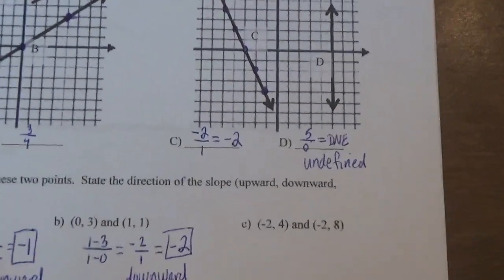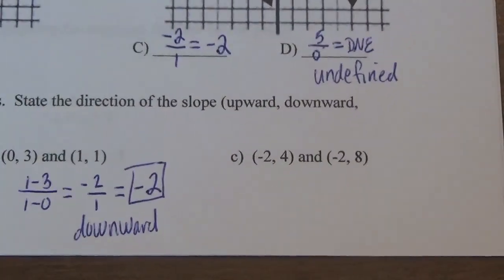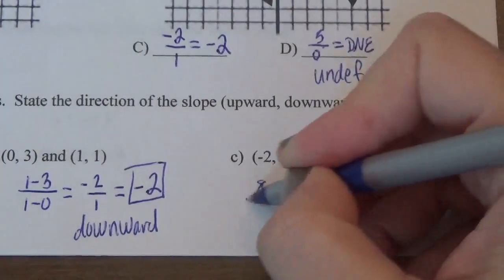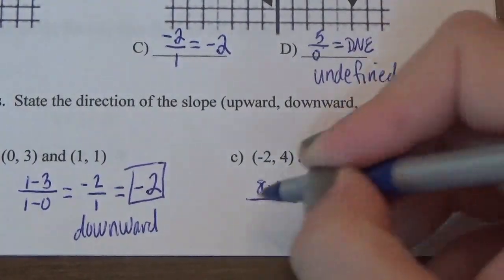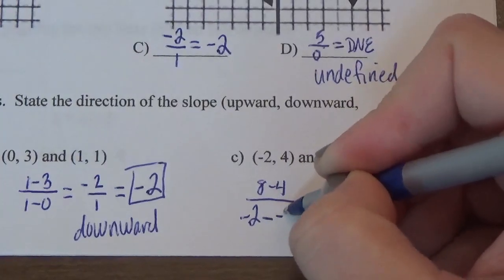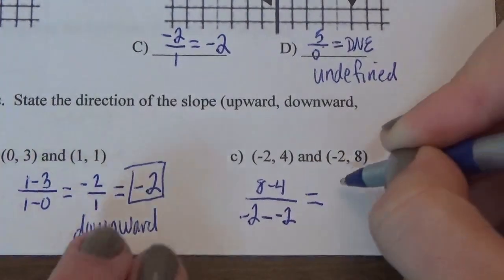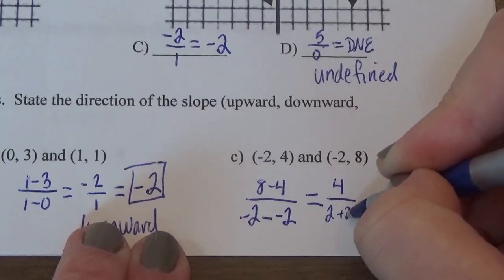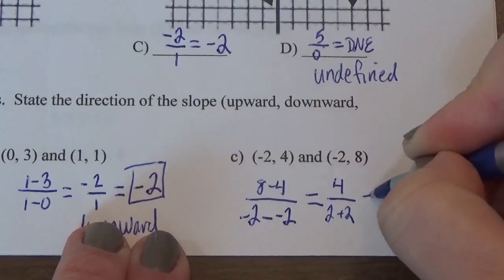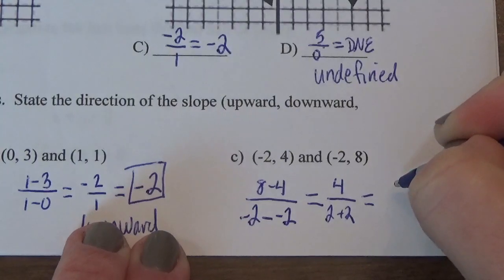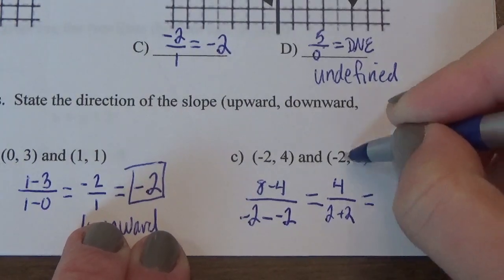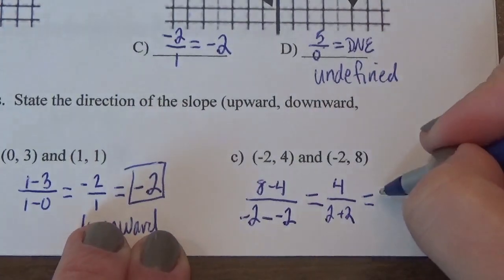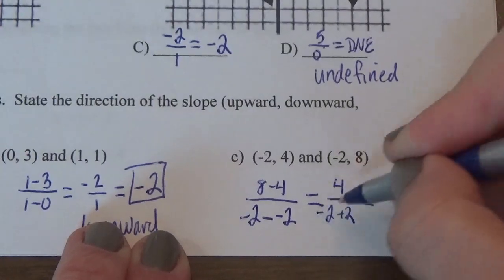And the last one here, we've got 8 minus 4, right? 8 minus 4. And negative 2 minus negative 2. That's 4 over, oh, I'm sorry, negative 2 plus 2.